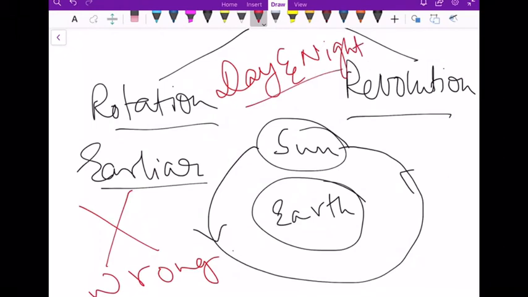And the second video will show the revolution of earth on its own orbit and the change of season due to revolution of the earth.